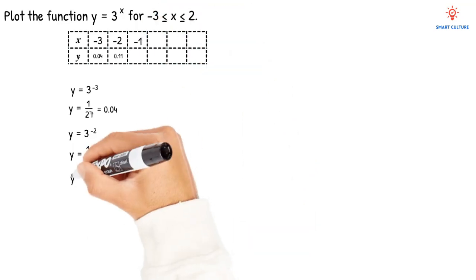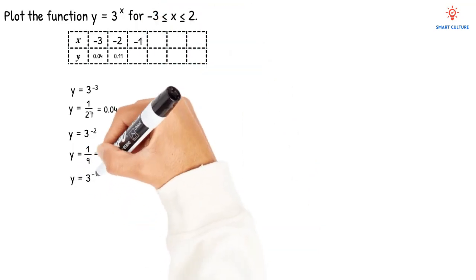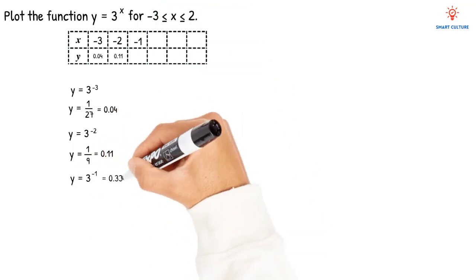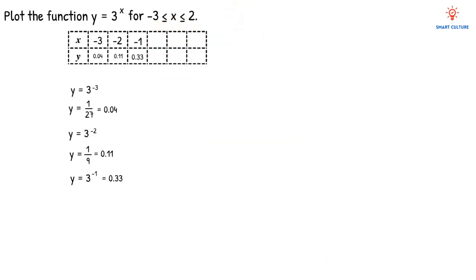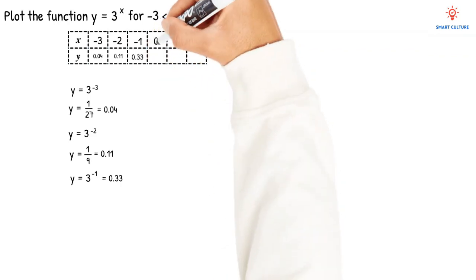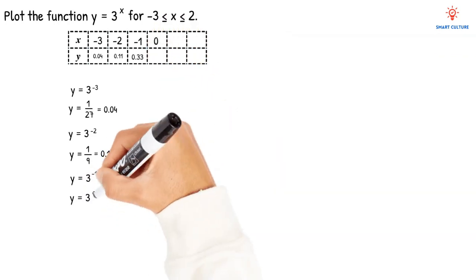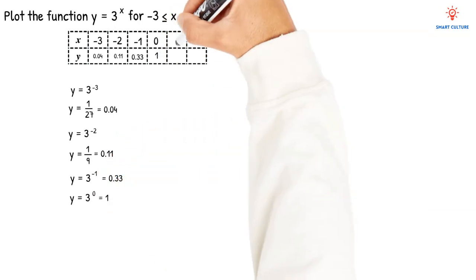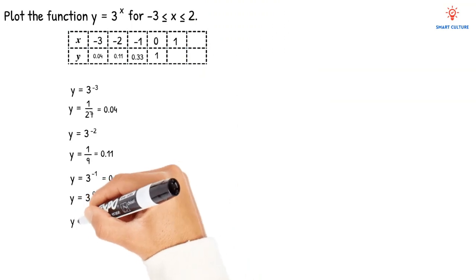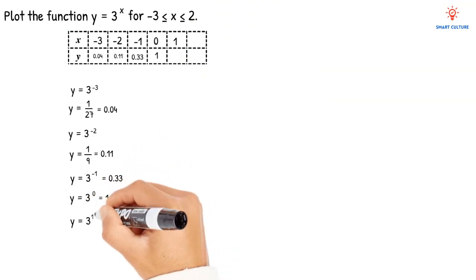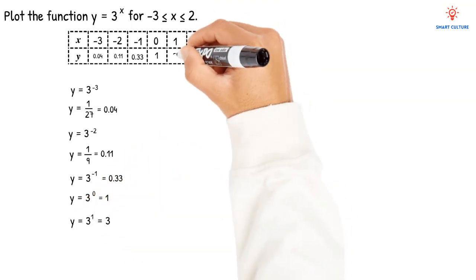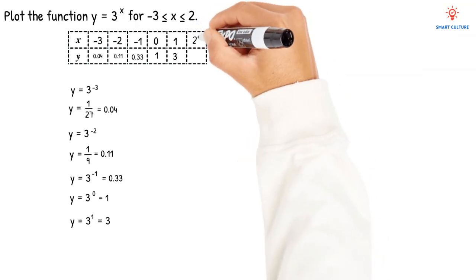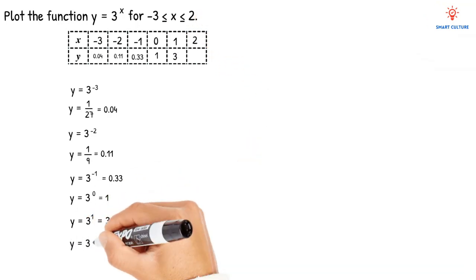If x = negative 1, then y will be equal to 0.33. If x = 0, then y will be equal to 1. If x = 1, y will be equal to 3. And if x = 2, then y will be equal to 9.